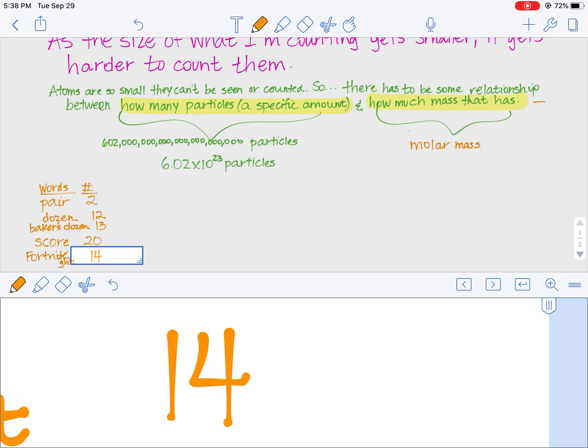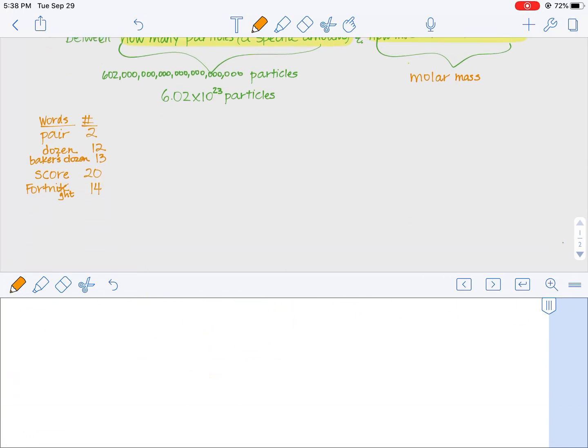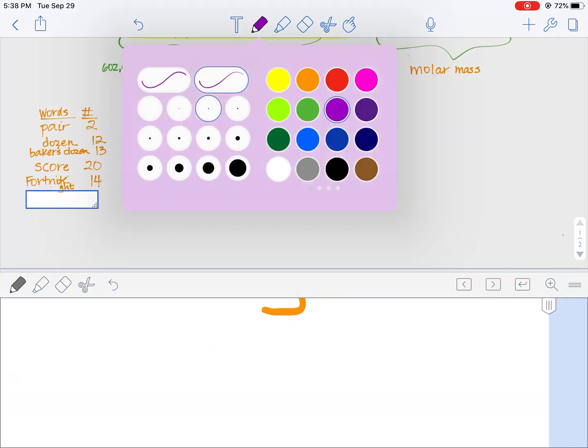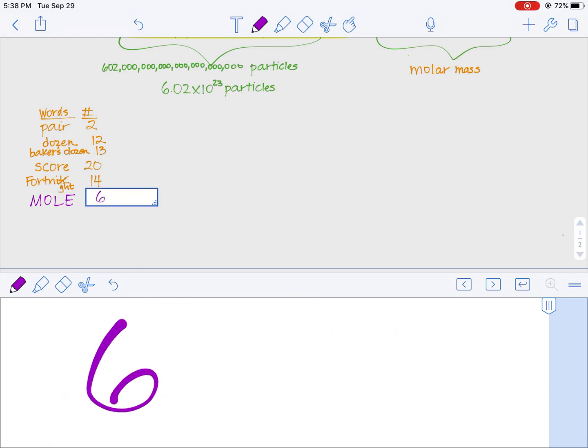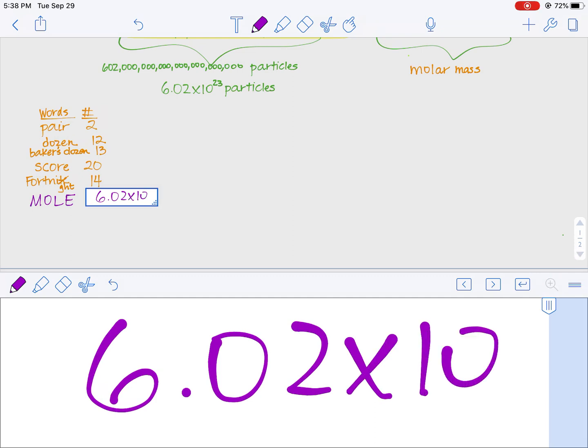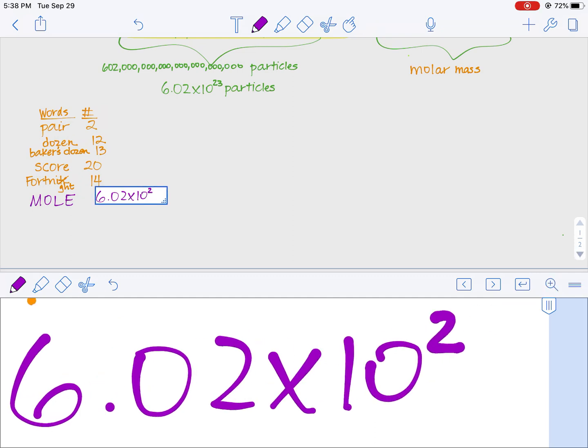Well, just like there are these vocabulary words in our everyday language that translate into a number, in chemistry, we have a word, mole, that translates into a number. And that number is 6.02 times 10 to the 23rd.